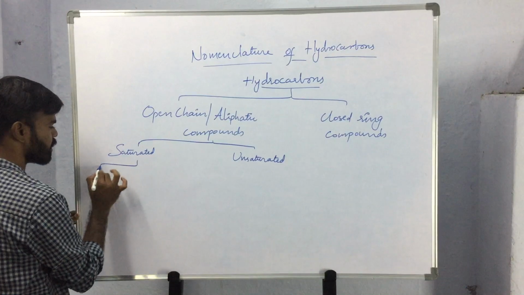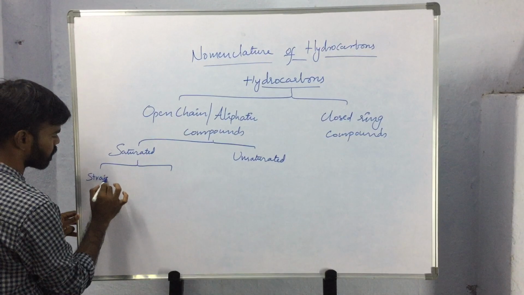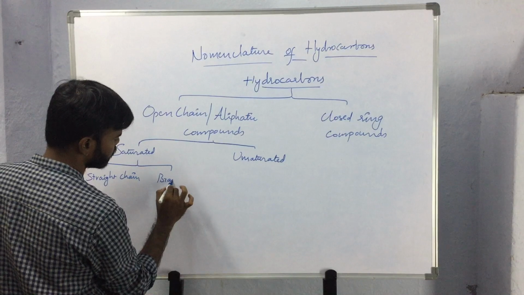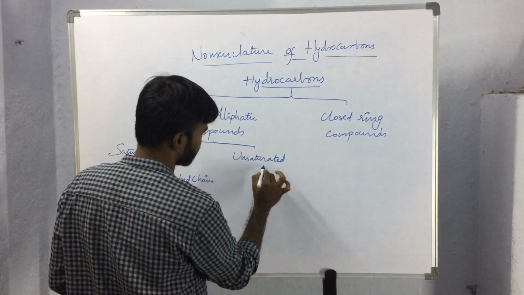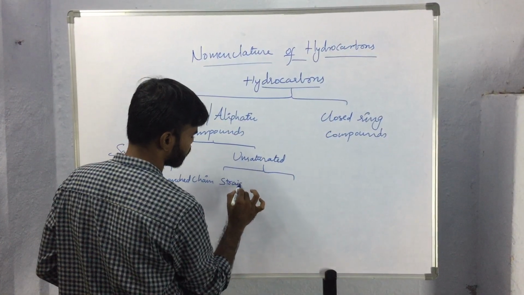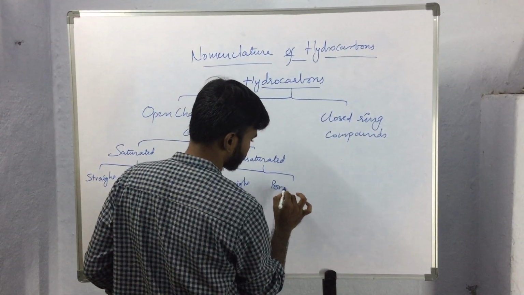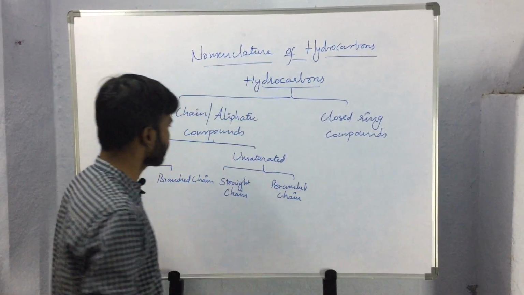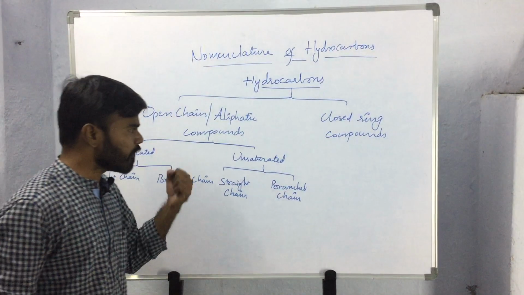These saturated compounds are further classified into straight chain and branched chain compounds, and also these unsaturated compounds are further classified into straight chain and branched chain compounds. So this is the classification of open chain compounds or aliphatic compounds.